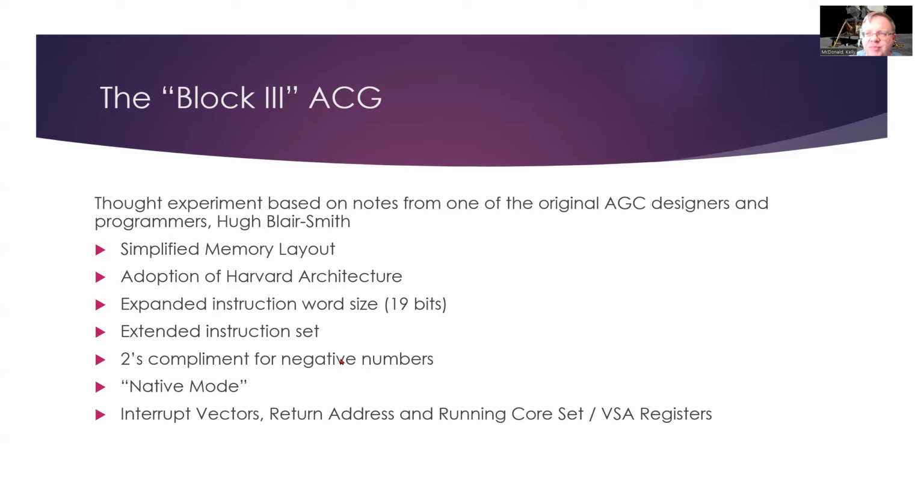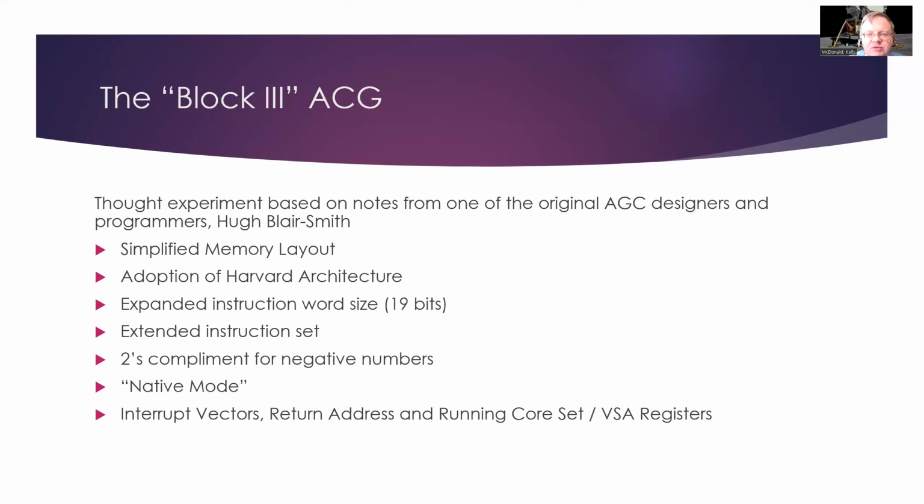Ben Eater has a really good video where he talks about the difference between one's complement and two's complement. And that's really about how you represent negative numbers in binary. If you are basically just storing numbers as 1s and 0s, how do you determine whether that number is a positive number or a negative number?